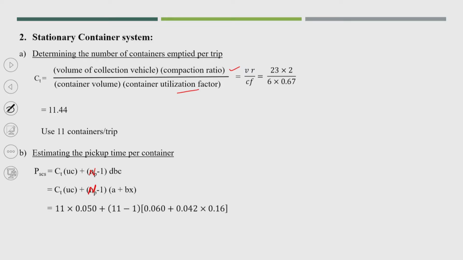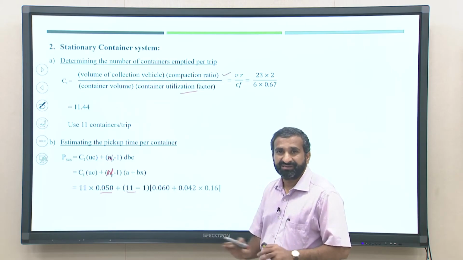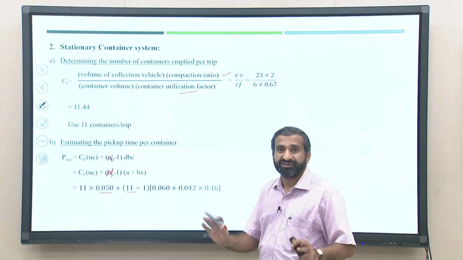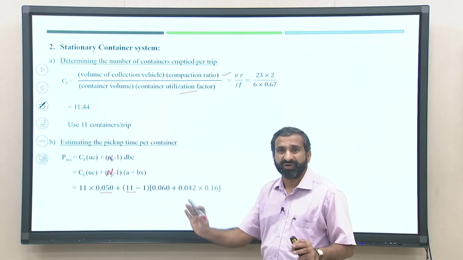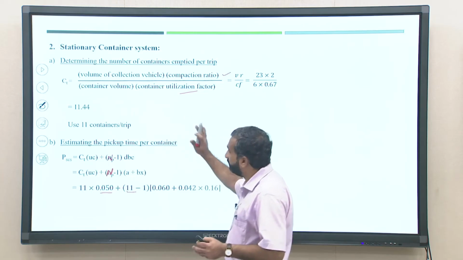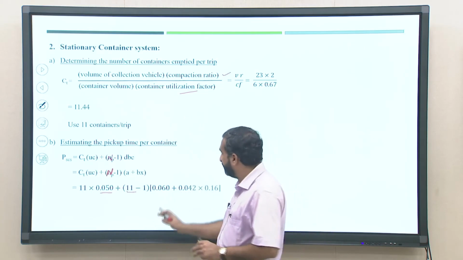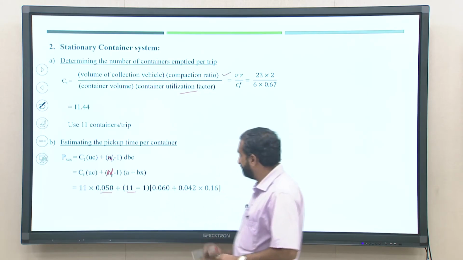UC is already given, and NP is equal to CT, which we assume is 11. Why? Because the number of containers at each location was not given, so we just assume only one container at one location. Whatever number of containers can be emptied per trip will similarly be the NP value.